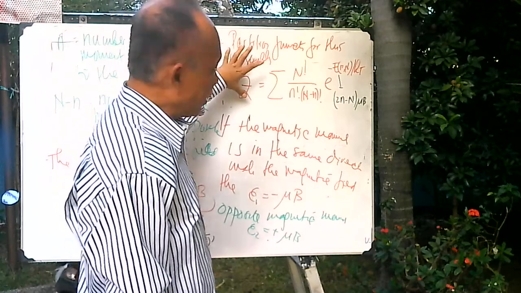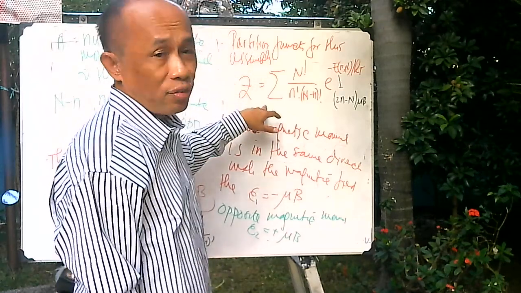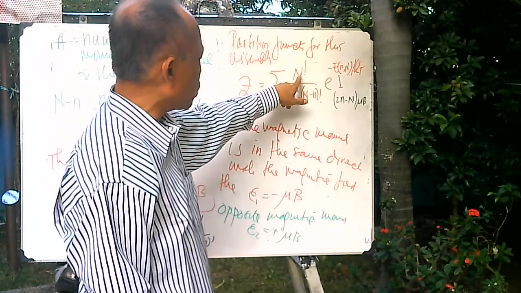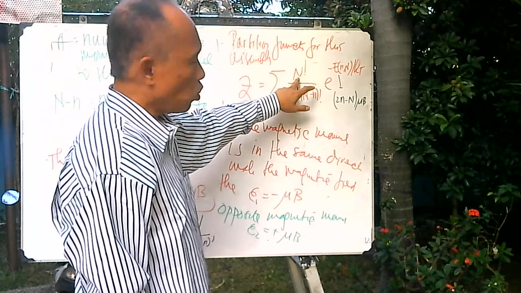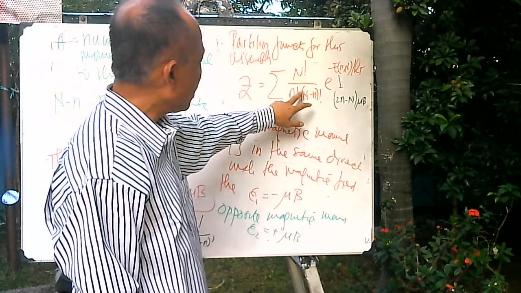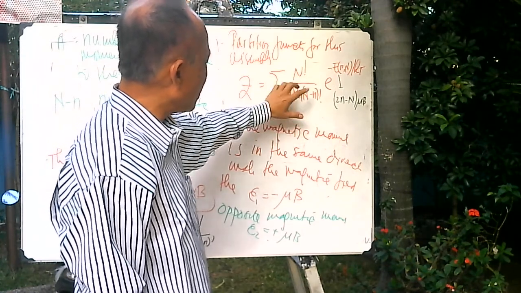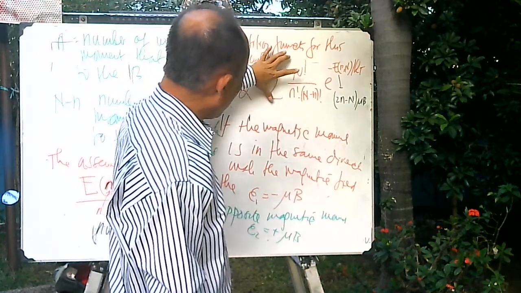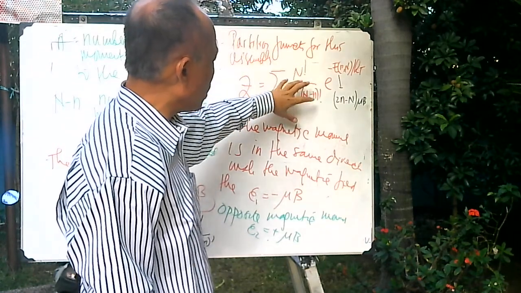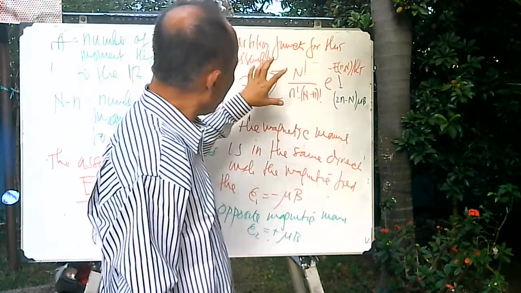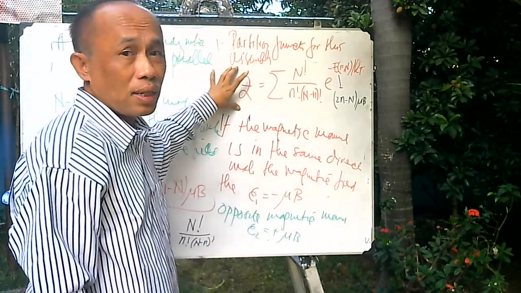This calculation needs some mathematical effort. For example, we have to approximate the factorial with the Stirling function, and then apply it in the summation to determine the partition function.